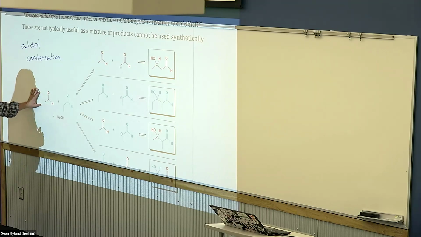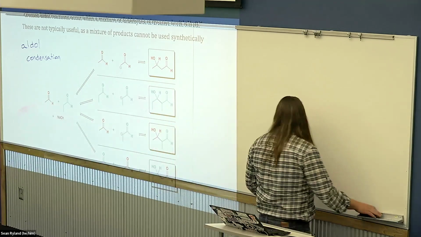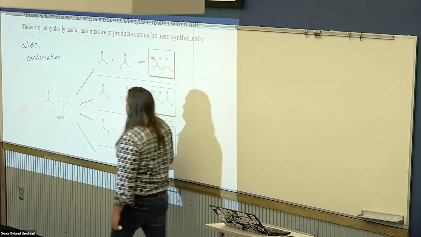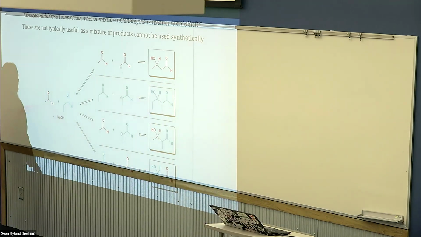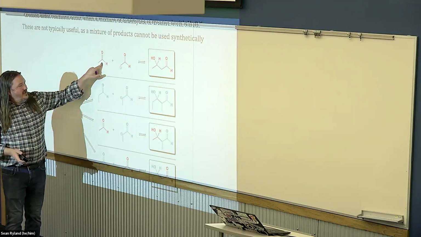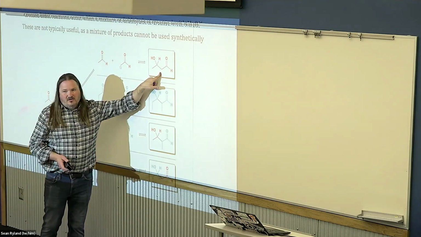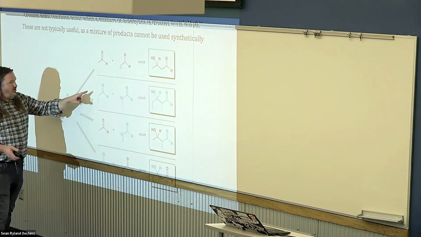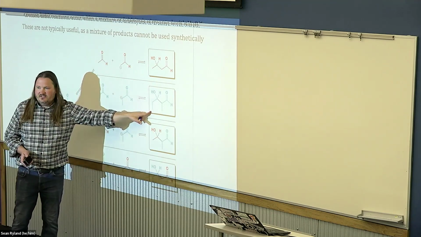Right, so if you have a mixture of aldehydes though, you can get what's called the cross aldol condensation, which is what's shown here. The cross aldol condensation just means that, okay, if we had ethanal reacting with ethanal, we get the aldol product. If we had propanal reacting with propanal, we get the condensation product.